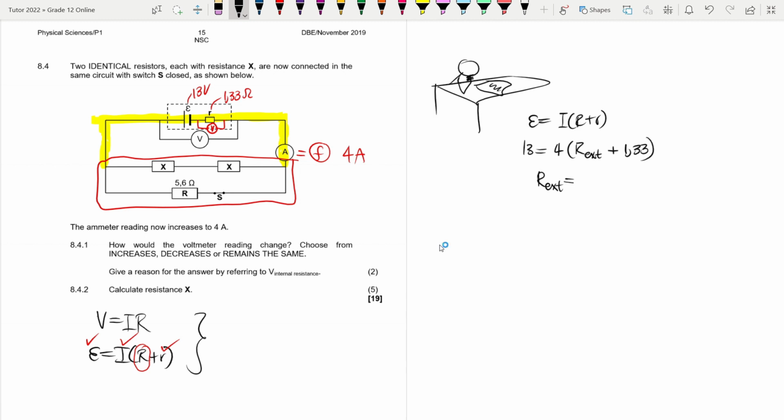While you're calculating, I'll finish my person here, my confused learner. Is that good? I got 1.92. Okay, 1.92. Thank you. That's actually not a bad drawing.